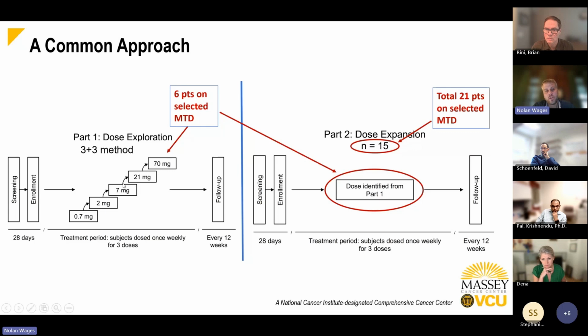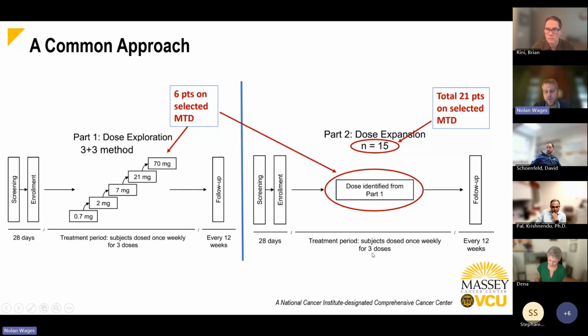This is a common approach that I see in a lot of protocols that I review, with dose expansion happening only at this one dose level that we've identified from part 1. This schema actually came from a real protocol that I reviewed.